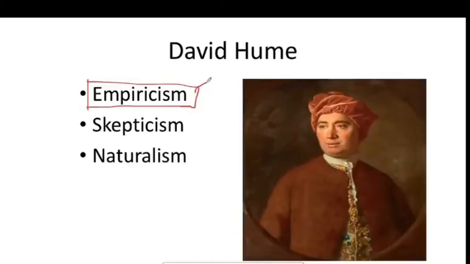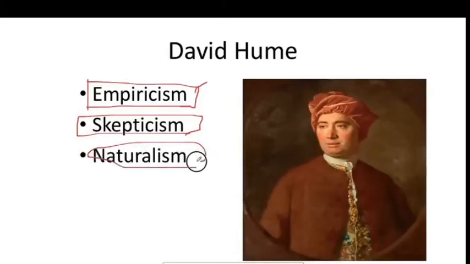That's empiricism. Skepticism, you always have doubt. You'd always doubt whether something exists or not, unless you experience it. That's what David Hume says. Then, of course, naturalism, you'd always tend to follow the natural growth and the natural stages of development that we have. That's actually according to David Hume.